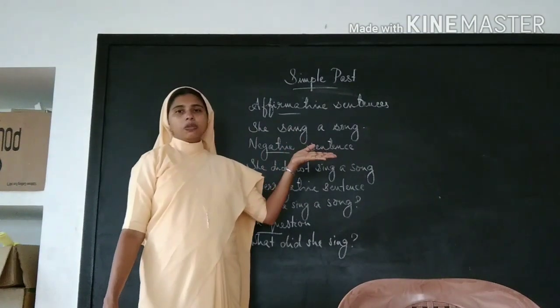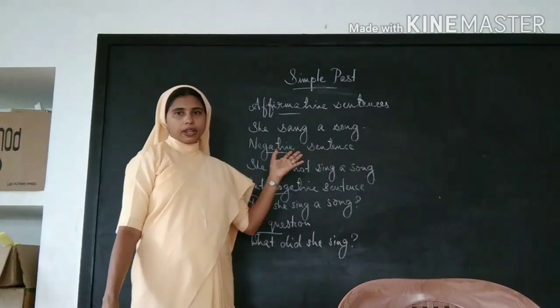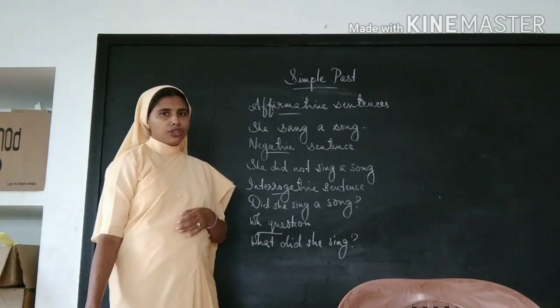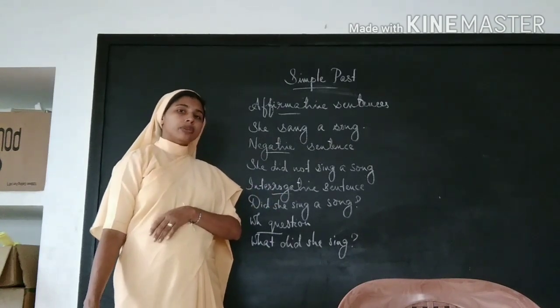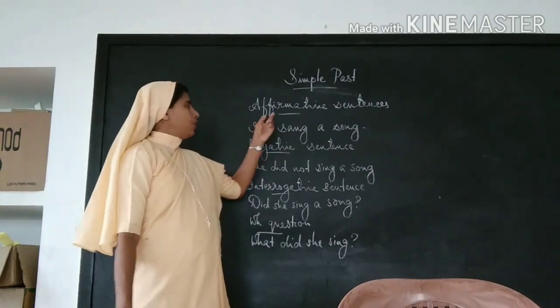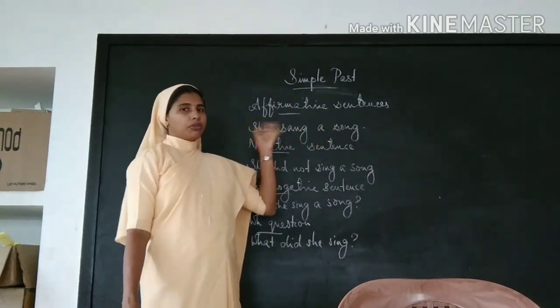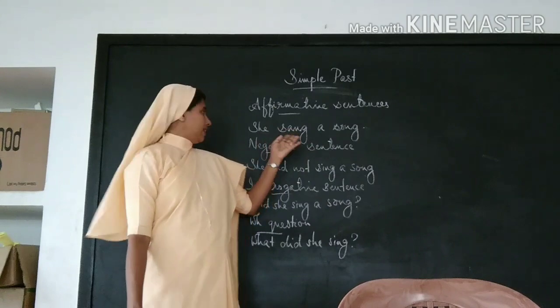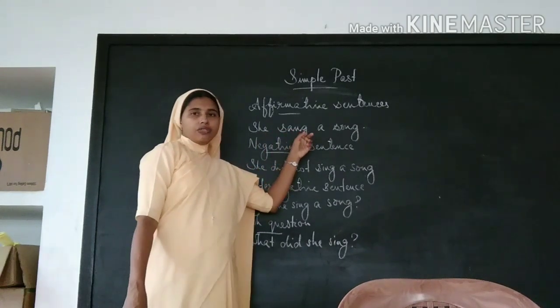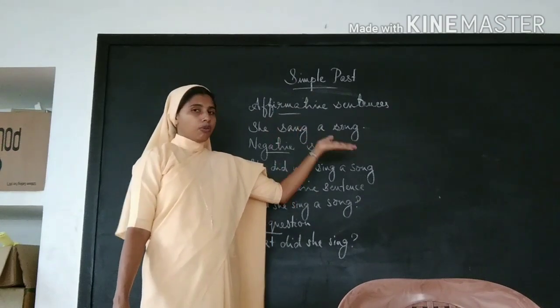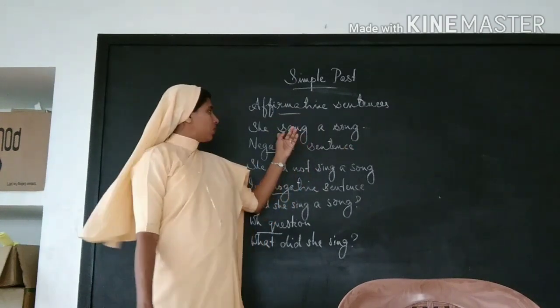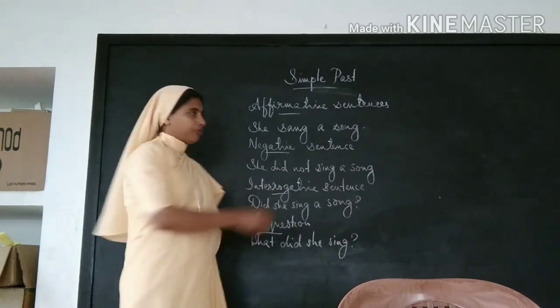How can we frame sentences in simple past tense? We have already seen examples: subject plus V2 form of the verb. When you make affirmative sentences, affirmative means positive, the structure is subject, V2 form of the verb, then object or complement. She sang a song.